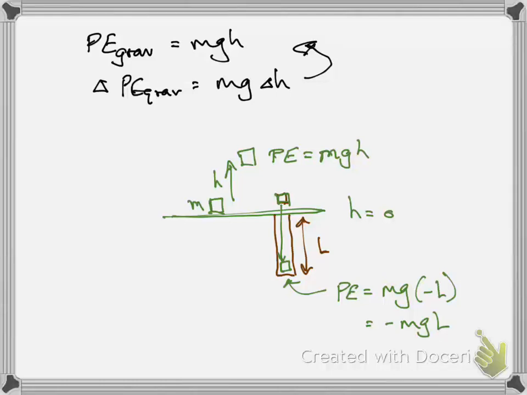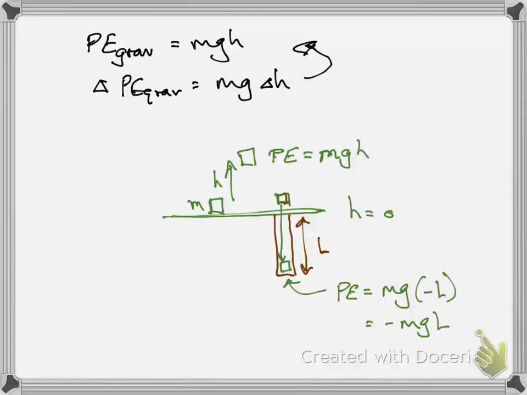So wherever we define h equals 0, if we go above it, the potential energy gets larger. If we go below it, the potential energy gets smaller. If we define h equals 0, then if we go below it, the potential energy must be negative, right? At any point, if you go higher, the potential energy gets bigger, and if we go lower, it gets smaller. So what I want you to think about is that a negative potential energy is actually meaningful, to some extent.